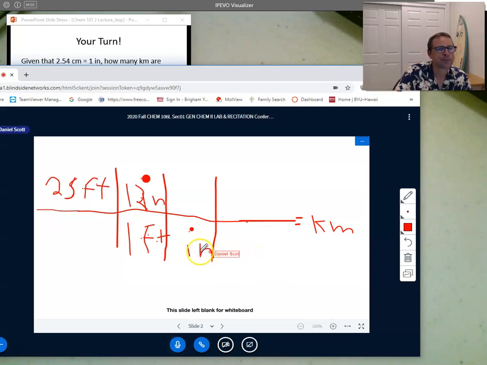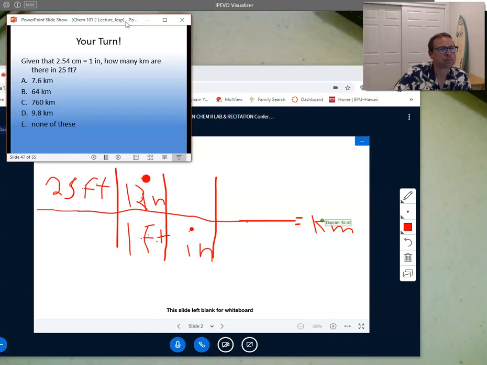Very good. Now where are we going to go with our inches? Turn it into centimeters. That's right, centimeters.